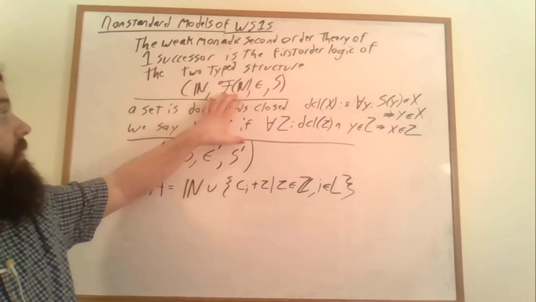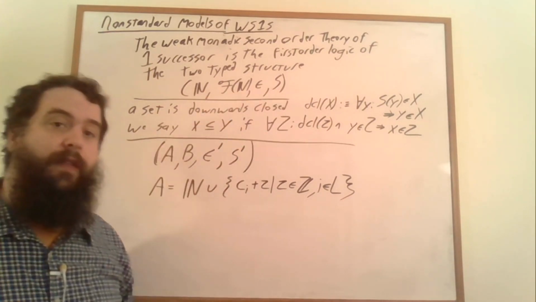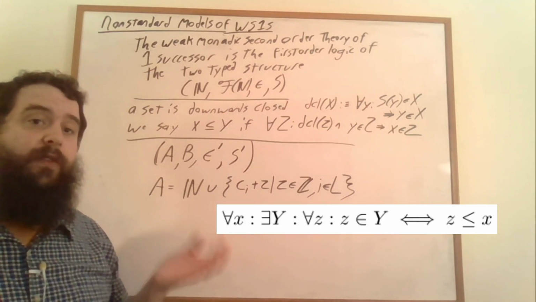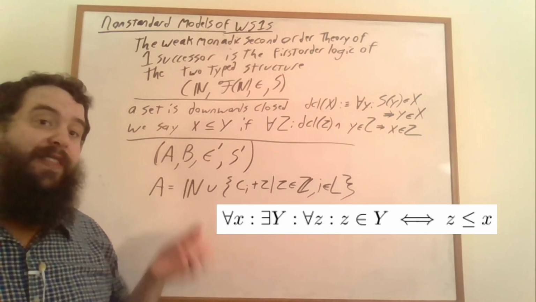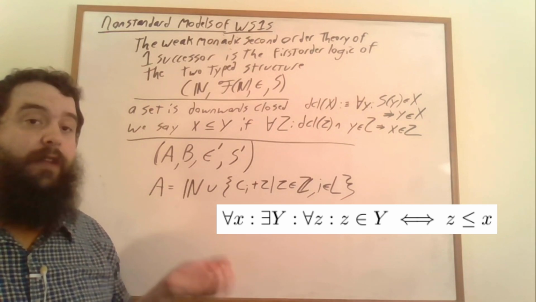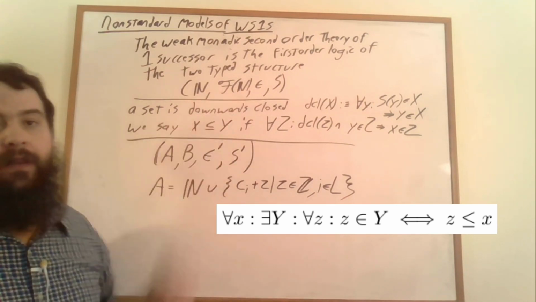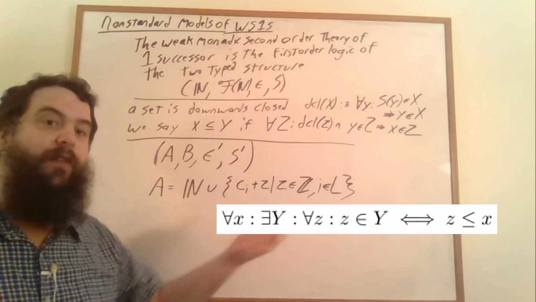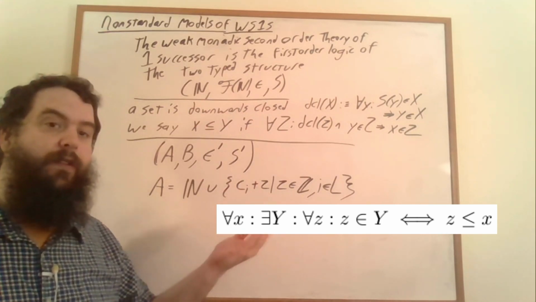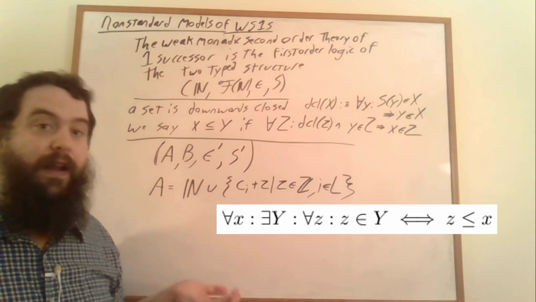Specifically, in this structure, we can write down a formula that says for every element of the first type, we can talk about the set of elements that are less than or equal to it. That's going to be a collection of the second type. It's going to be a finite set. The set of all things less than a particular natural number is a finite collection.